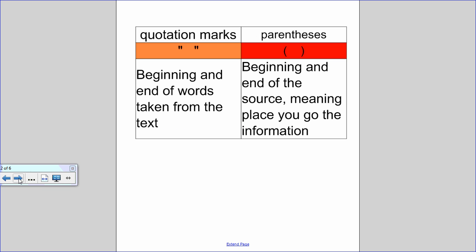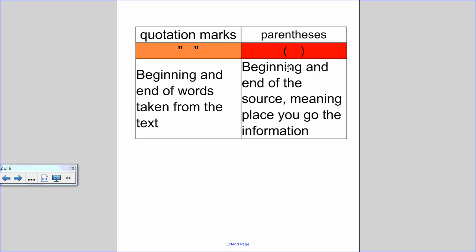The symbols that we need to use when we are citing from the text are quotation marks and parentheses. Quotation marks are these symbols right here. They look like two little lines, and they need to go at the beginning and the end of the words that you copy directly from the text.